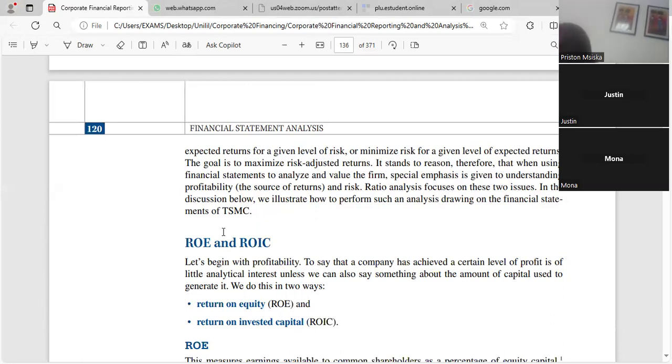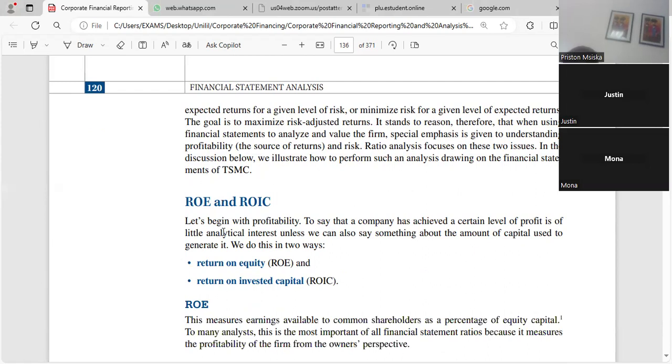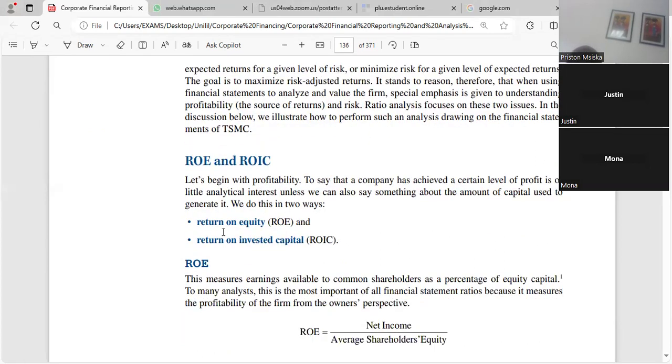So the return on equity is calculated by taking two, remember, financial ratios are a relationship between two or more records or numbers in the financial statements. So the return on equity must be a relationship between what?